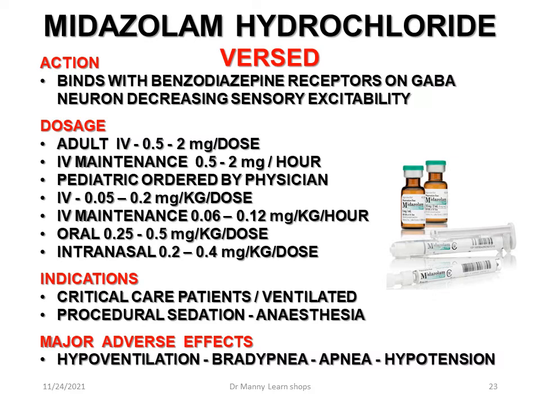The indications are primarily used for critical care patients when they're being ventilated mechanically, or procedural sedation, which we used to call conscious sedation, light anesthesia. Major adverse effects could be hypoventilation, bradypnea, apnea, and hypotension. The doses depend on your organisational policy, but they can be given intravenously, they can be given orally, they can be given intranasally.